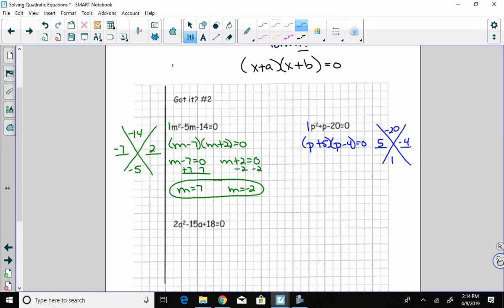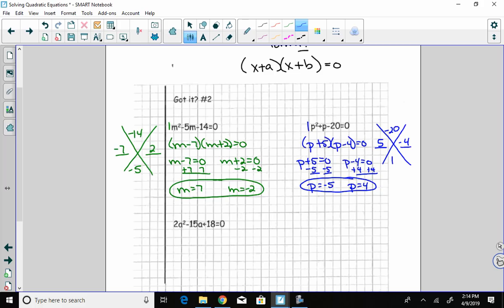It's equal to 0. Each factor now gets set equal to 0 because one of them must be a 0. We subtract 5, and we get p equals negative 5, or we can add 4, and we get p is equal to 4. There are your 2 solutions.